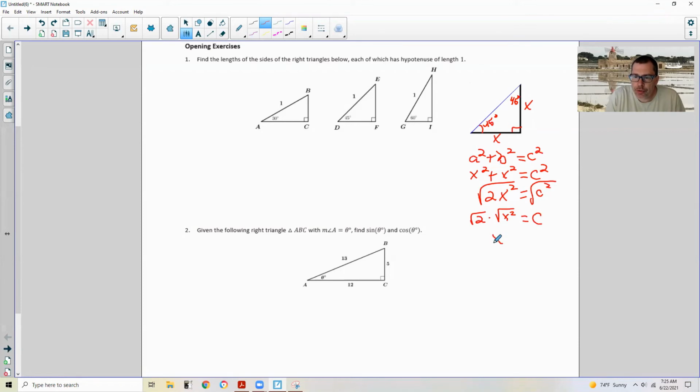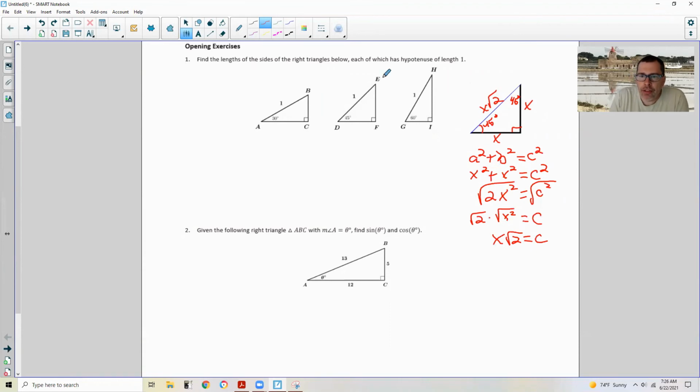And the square root of x squared is simply x. I can't simplify the square root of 2. So my hypotenuse is x square root 2. In other words, whatever this side is, this side has to be the same, and the hypotenuse is that same number with the square root of 2 after it.